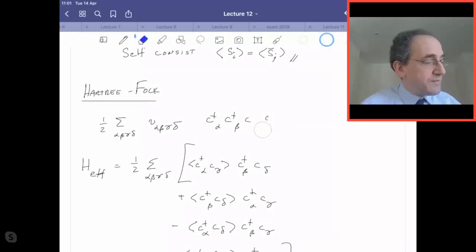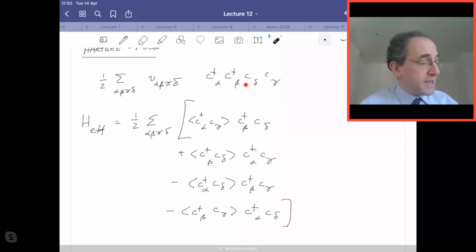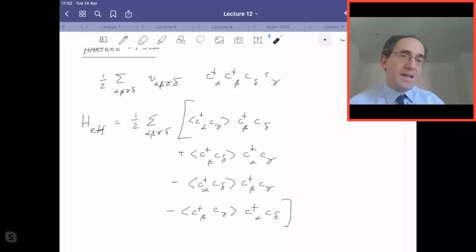This should have read C delta C gamma, because gamma delta should be in the opposite order of delta gamma, as I emphasized before, so I messed that up. And now it's correct. Let's look at the first term here. In the first term, I average alpha and gamma, and in order to bring the gamma next to the alpha, I have to commute through two operators, so I get a plus sign. Whereas in this third term, in order to commute the delta next to the alpha, I have to commute it once, so I get a minus sign. Okay, is that clear? I hope.